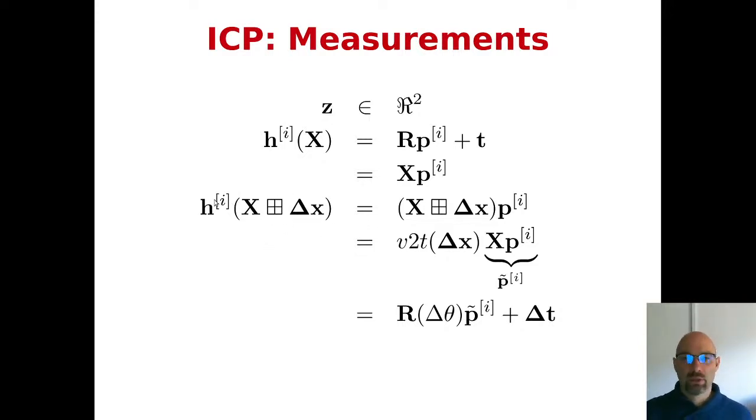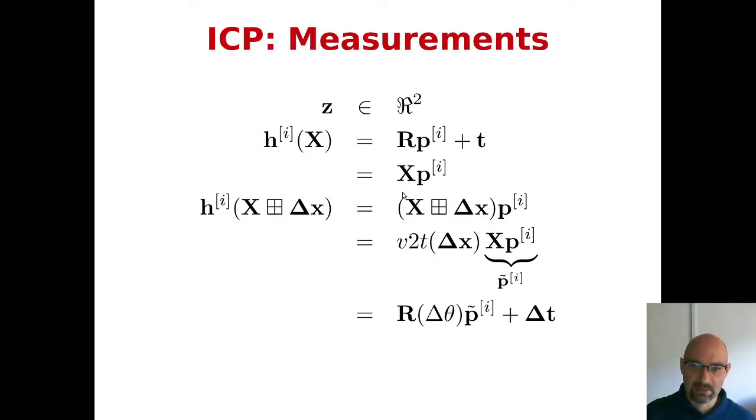So if we expand our definition of box plus inside the h, before it was X times p, now it becomes X box plus delta x times p. Once again we expand box plus and we find our definition of V2T, which is V2T of delta x, which multiplies X times pi.